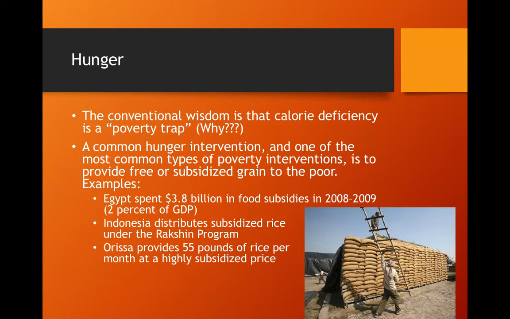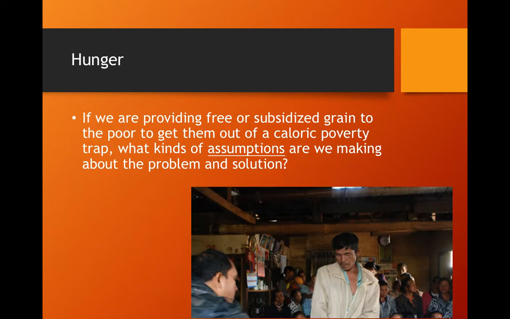We could think about the Raskin program, where Indonesia distributes subsidized rice to the poor, or free rice provided monthly at a highly subsidized price to the rural poor in Orissa, India. So these are all interventions that are meant to really boost the amount of calories that the poor are getting. And that seems like a good thing to do if we think that the calorie poverty trap is real. But is it real? That's what we're going to ask today.